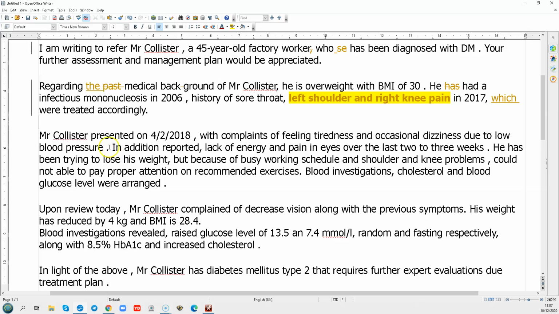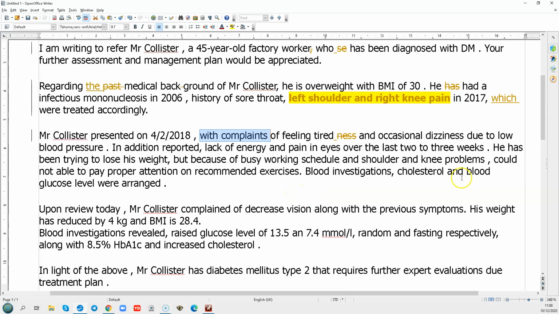Okay. Mr. Collister presented, blah, blah, with complaints of feeling tiredness. No, it's either complaints of tiredness or feeling tired. And occasional dizziness due to low blood pressure. So, with the complaints, would he say, I'm dizzy because of my low blood pressure?